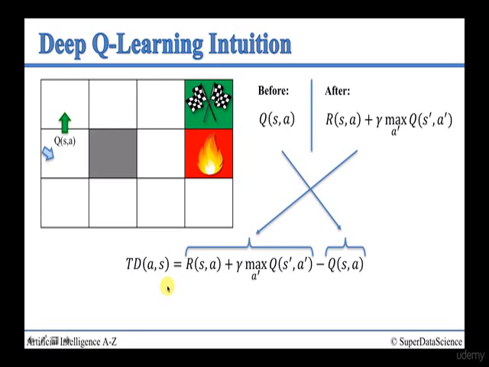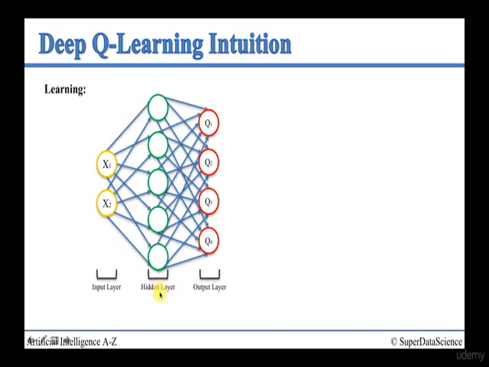So there we go. Now let's have a look at how this all works out in the neural network and why it is like that. I know it sounds a bit complicated right now, but we'll break it down into simple terms in just a second. So this is our neural network. We're feeding in the states of the environment into the neural network. It's going through the hidden layers. Then it's coming out with these outputs, Q1, Q2, Q3, Q4. In that specific state, these are the Q values that the neural network is predicting for the possible actions.